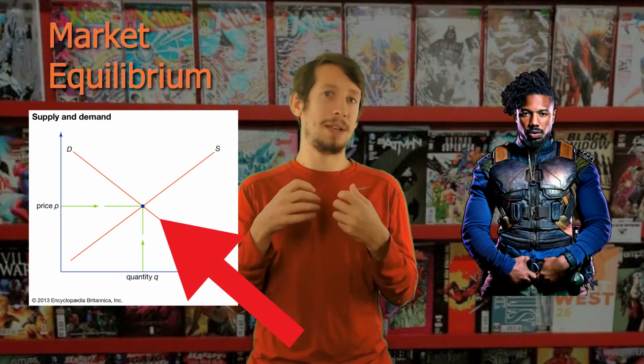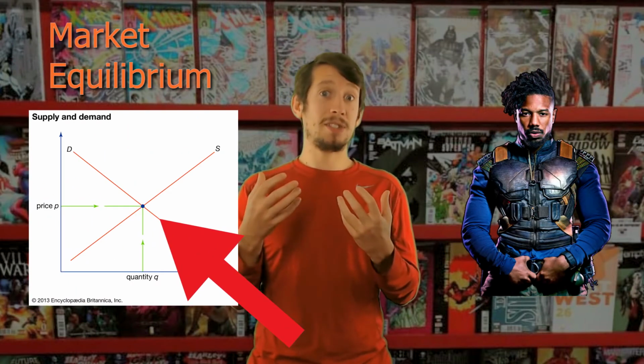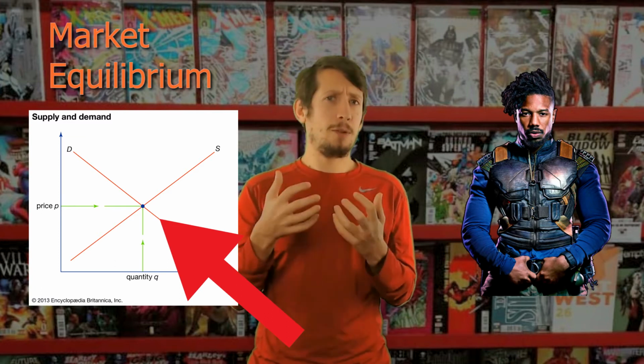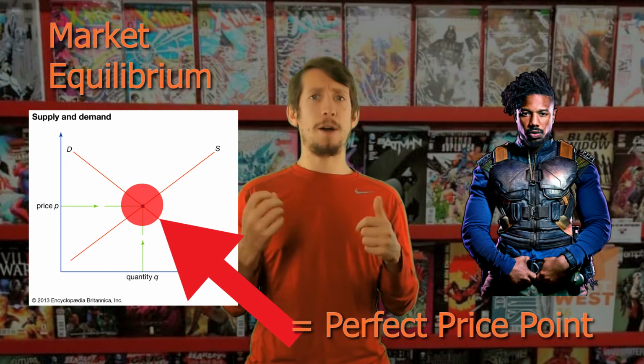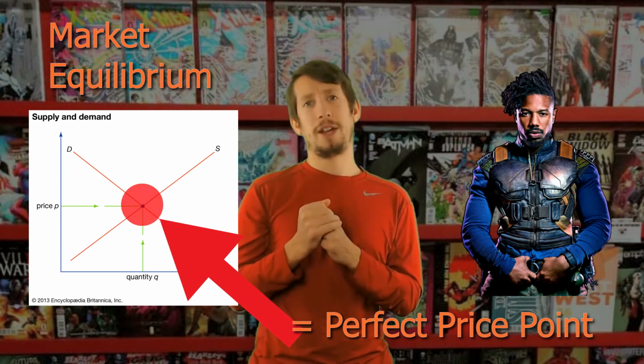He's trying to do what his dad was trying to achieve, which is to create a market equilibrium. You know how I said supply and demand is basically an expression of what the price of a good is? That's called market equilibrium. And this is what Killmonger is really trying to achieve here. Open Wakanda up, sell the good, achieve this market equilibrium.